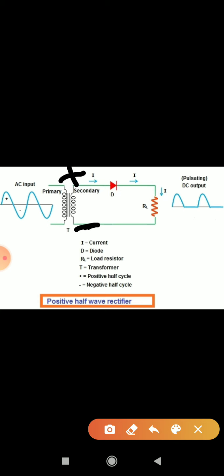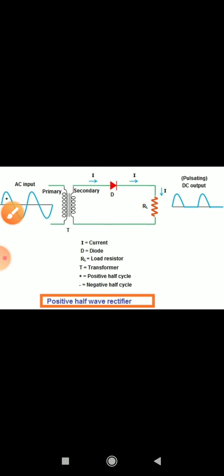Then positive current goes to the diode's positive terminal. Here we have shown a red colored diode. So we are feeding the positive of the alternating current to the positive of the diode, and the negative of the transformer to the negative terminal of the diode.